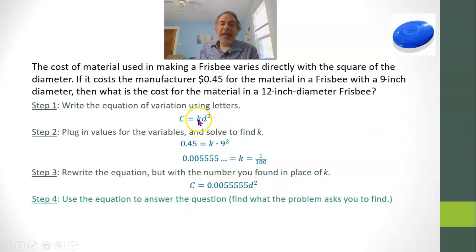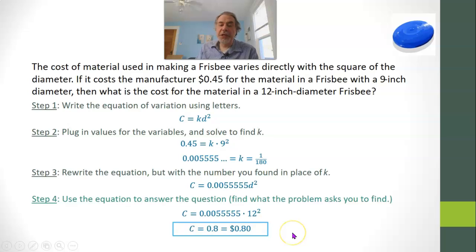So using that number in place of K, the equation is C equals that number, 0.005555 times D squared. Now the question, what is the cost for the material in a 12-inch diameter frisbee? If we put 12 in for the diameter, we're going to be calculating 0.005555 times 12 squared.